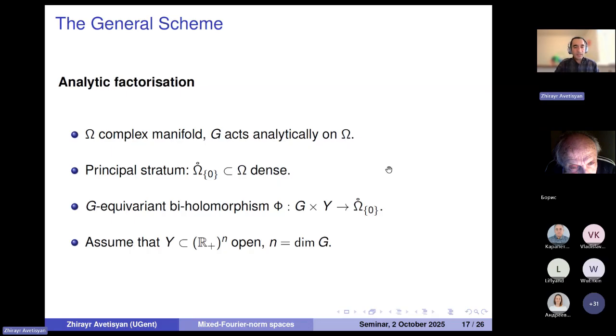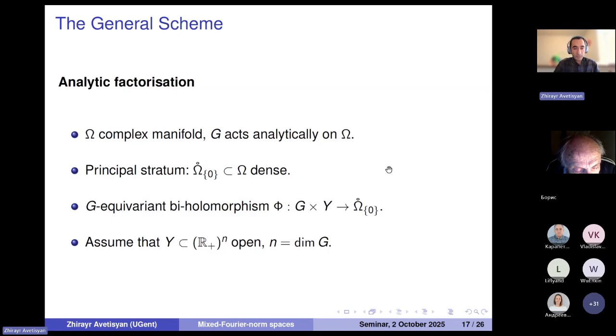So we are looking at the orbits of this G action and choosing those orbits which have the highest dimension. They are called generic orbits. And the union of all generic orbits is usually an open dense subset under certain regularity considerations. It is called the principal stratum.